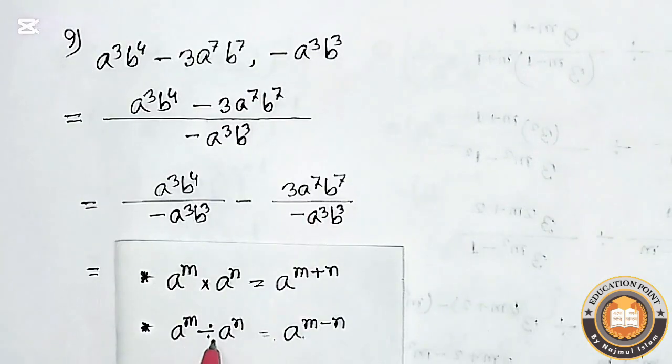Here we will apply the exponent law of division. That means a power m divided by a power n equals a power m minus n.